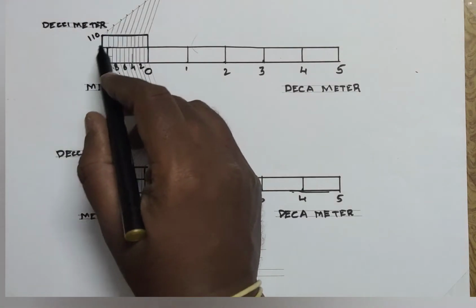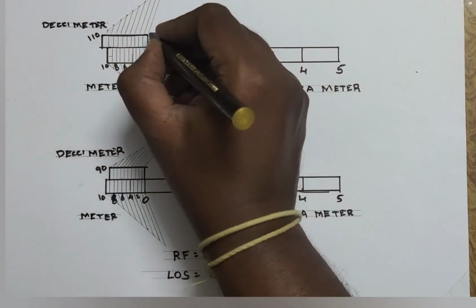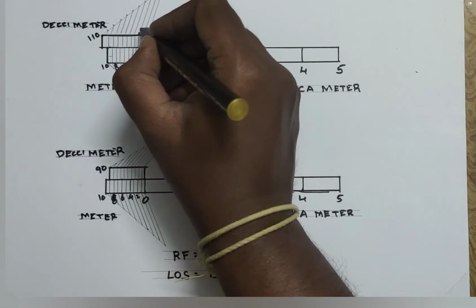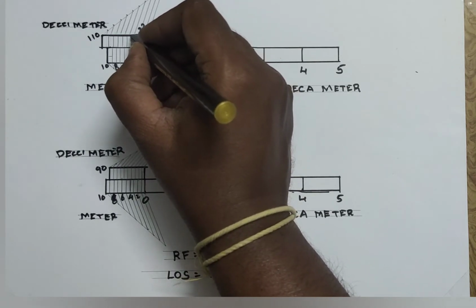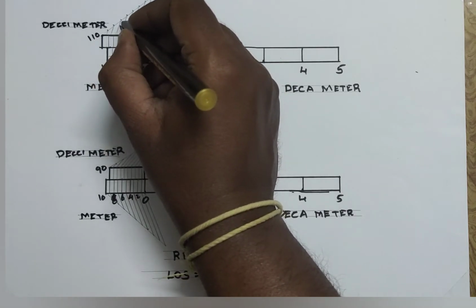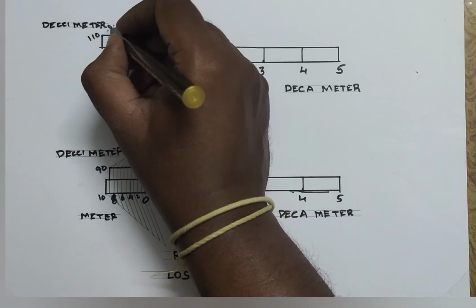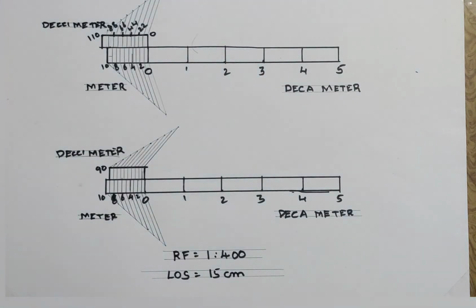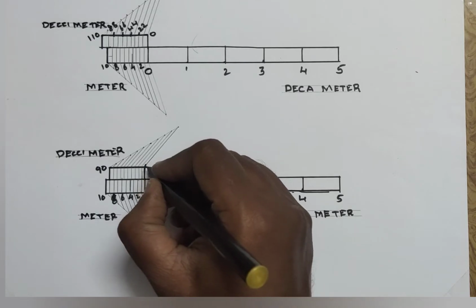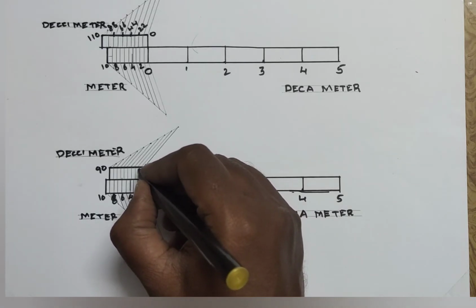Now here 110 we have divided into 10 equal parts. Therefore each one will become 11. 11, I am going to give alternatively 22, 33. Then it will become 44, 55. It is 66. Next one is 88. So this is okay. What about here? In forward vernier, this is 0, 9.